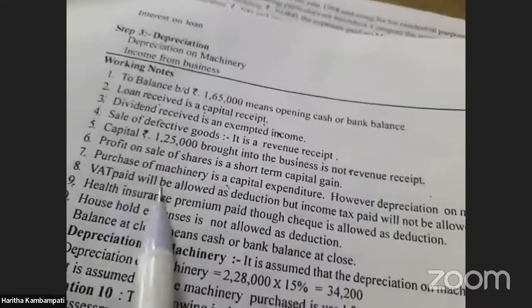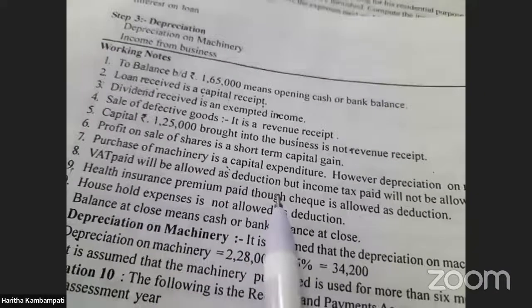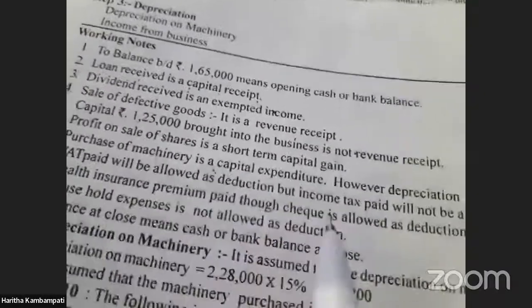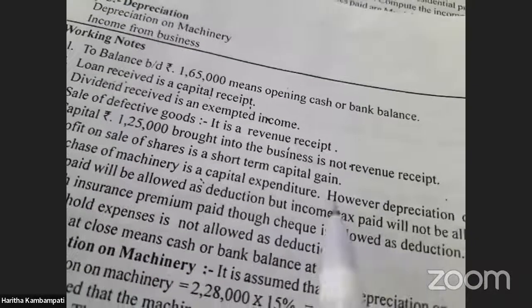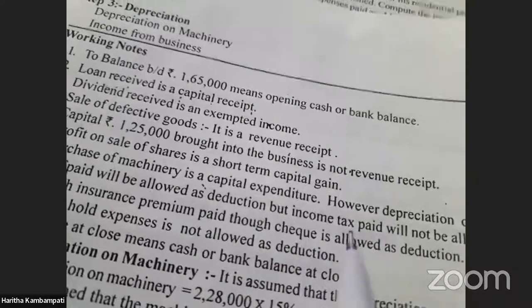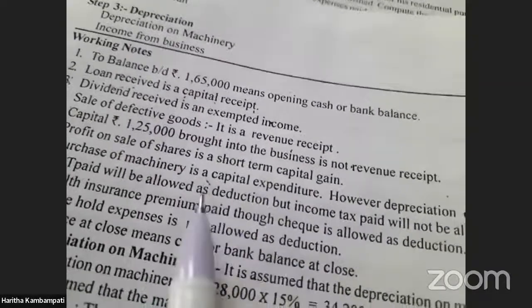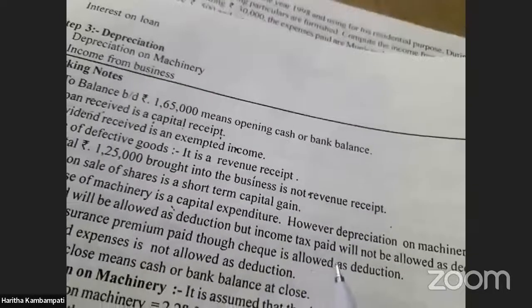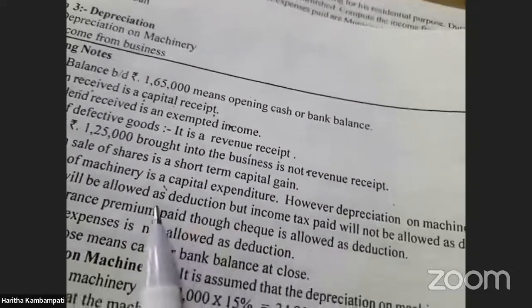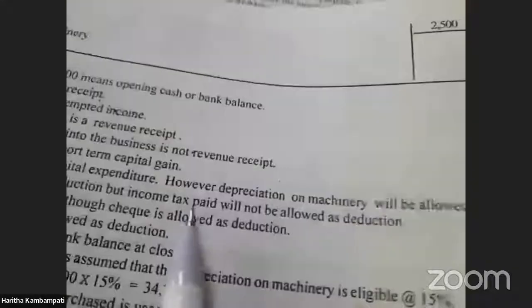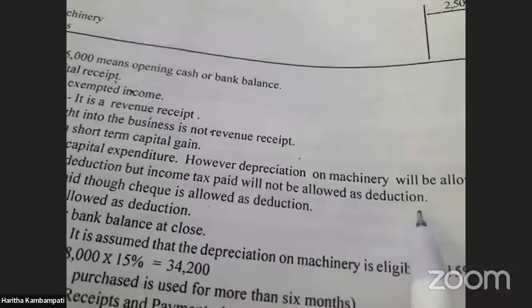Next. VAT paid will be allowed as deduction because value added tax is a tax on the goods which is relevant to the business. That's why it is allowed as deduction, but income tax will not be allowed as deduction.